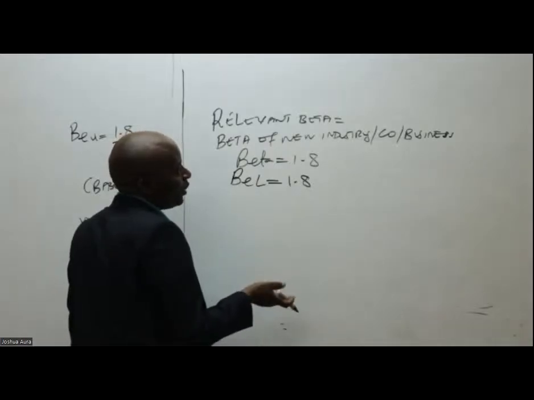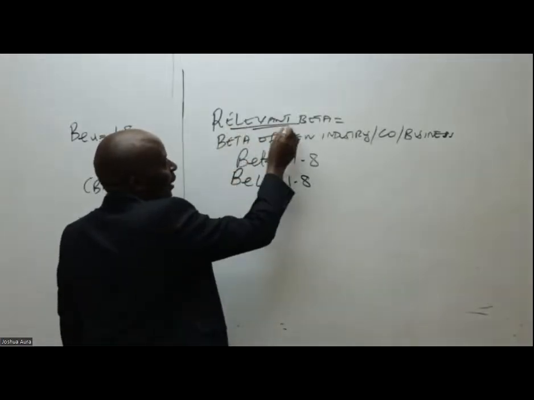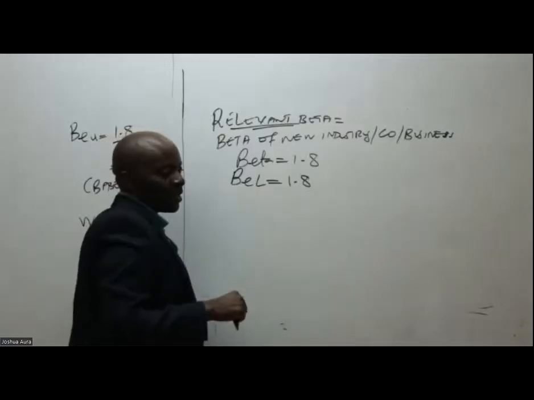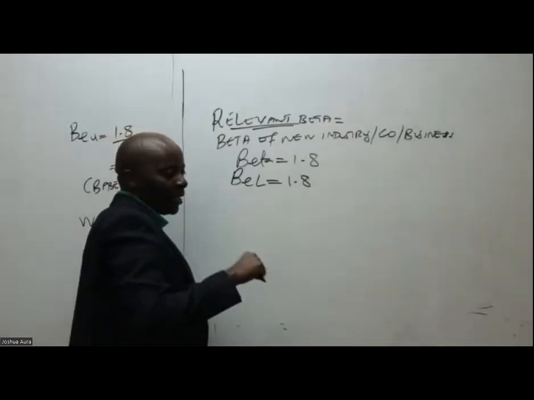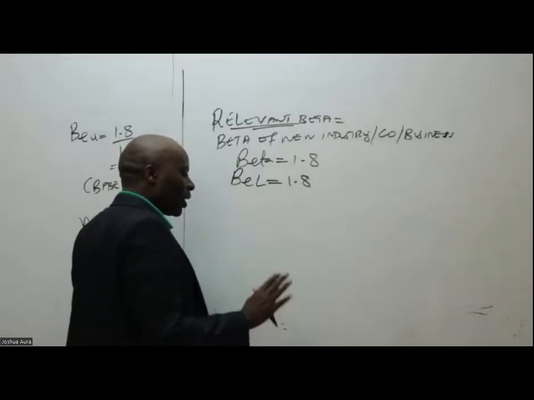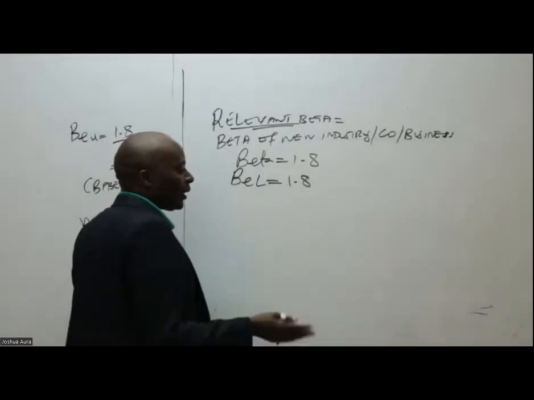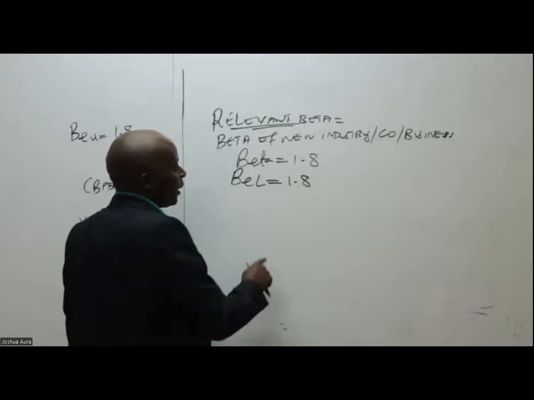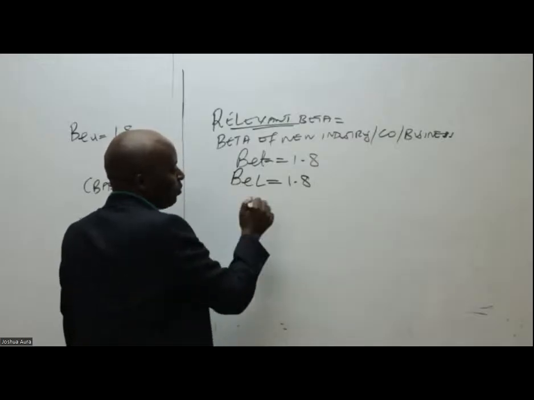And the concept is very easy: this relevant beta has to be ungeared. When the firm goes to this new industry, they'll decide later on whether to bring in debt and what percent. First of all, we know that this has to be changed to BEU.